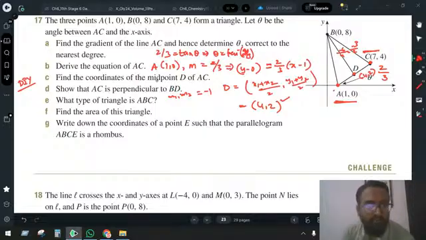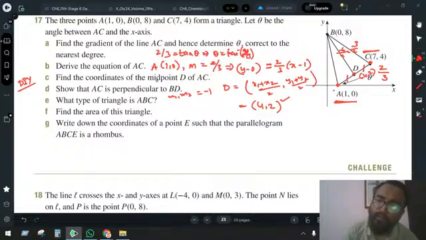Next, what type of triangle is ABC? Isosceles. How can you say? That's right, but how is it? This is perpendicular, and it is a midpoint. It is isosceles because these sides are equal.